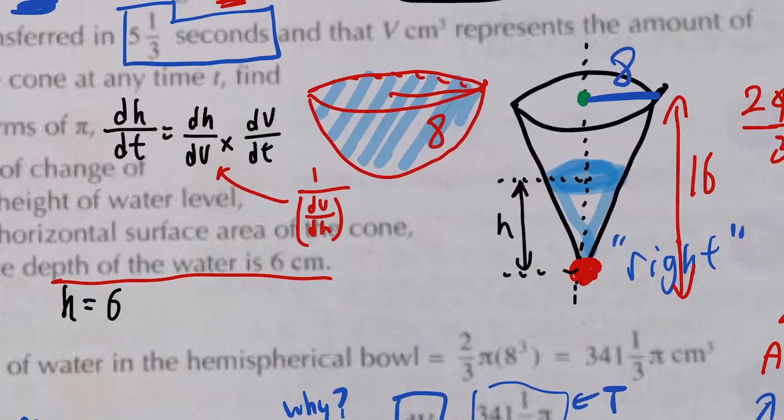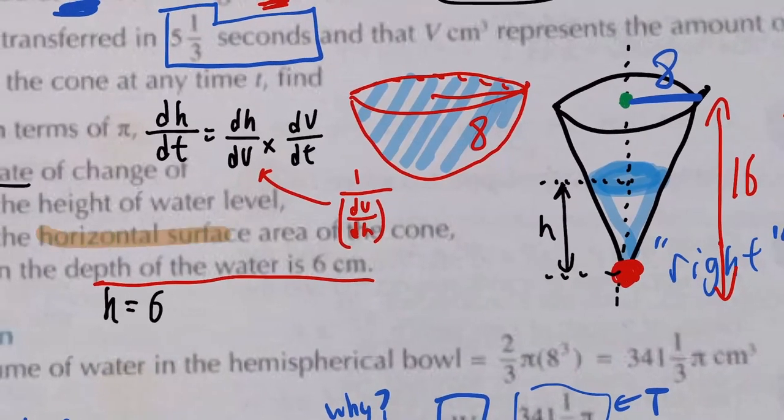Horizontal means like the sun rises above the horizon, a left-right line. Yes, correct. So let me just highlight, horizontal surface area is referring to this part. Okay? Is it clear? Yep.